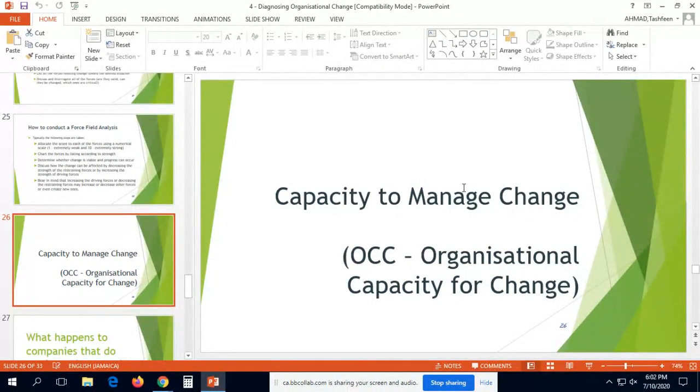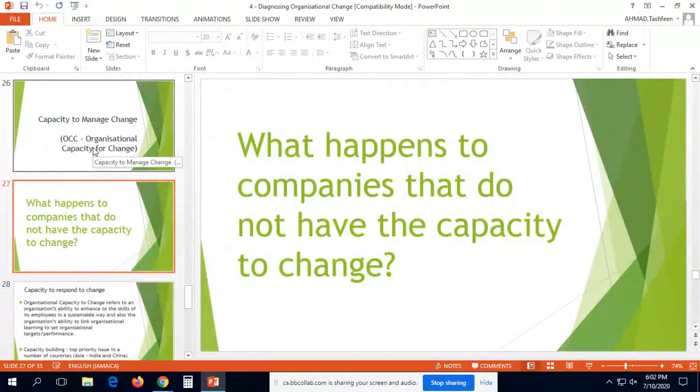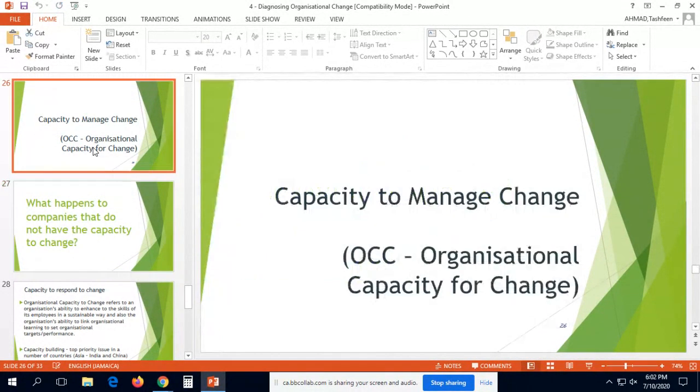Because change already requires a lot of energy, and when you resist it, it takes even more energy, and it frustrates you, so you cannot perform on the job. So it is your call what you want to do in any type of situation. This is just one example.